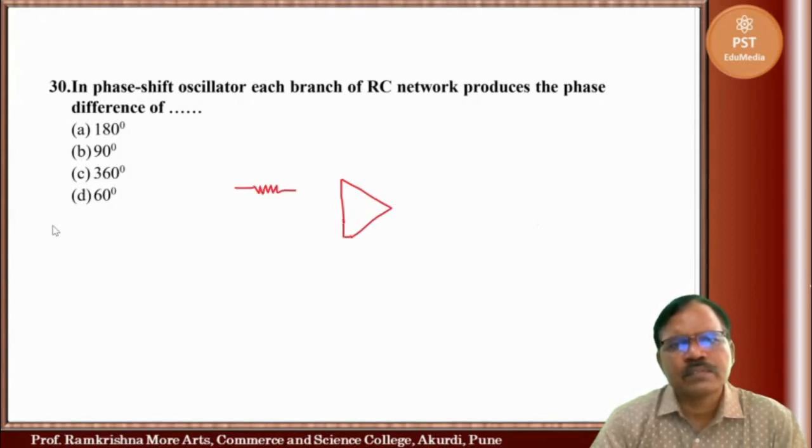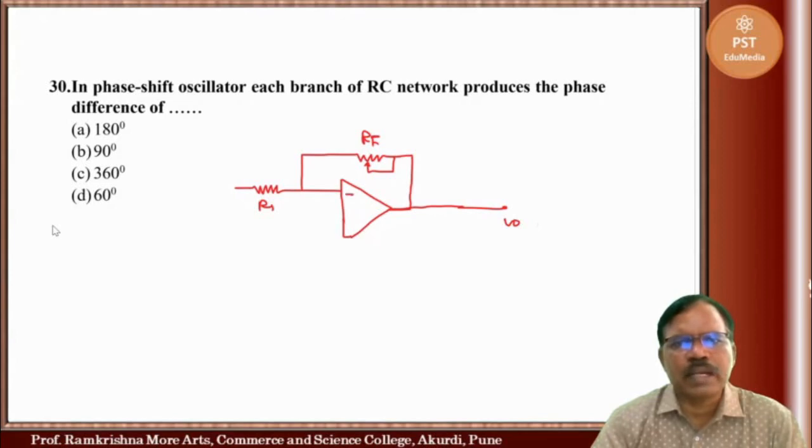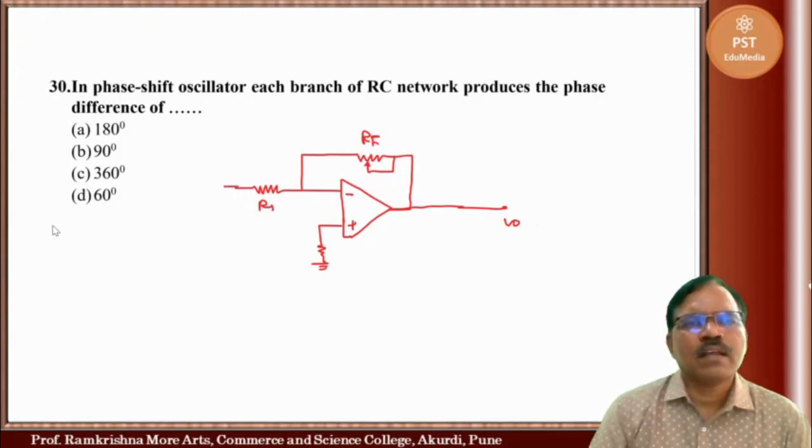R1, RF, actually you can take it is variable. We get V0 here, minus, plus, and here it is input. Actually this is inverting amplifier.